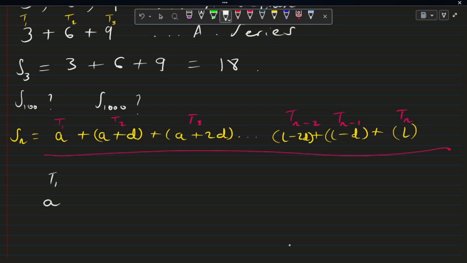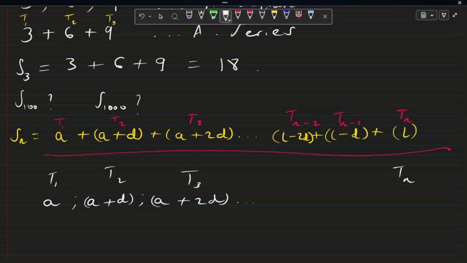And remember that the difference between T1 and T2 is the constant difference, and that difference is represented by d. Okay, so it means that T2 is a plus d, all right? And then T3 is a plus 2d, okay? So this is T2, this is T3, and so forth. And then remember that our last term, we denoted that like this.